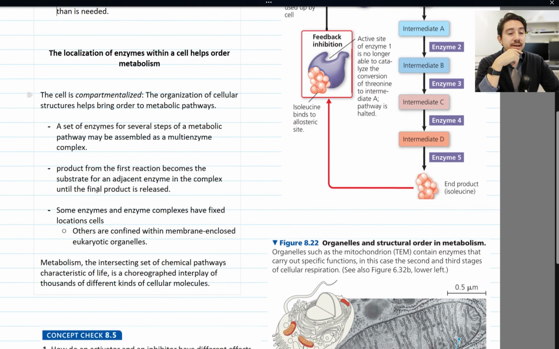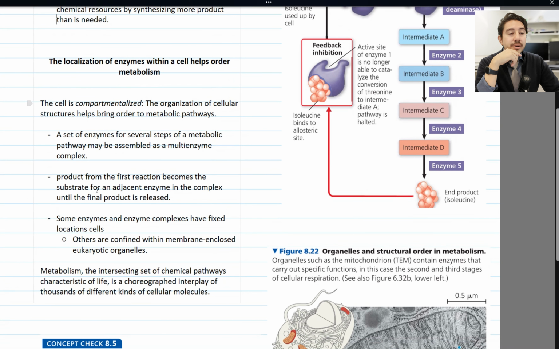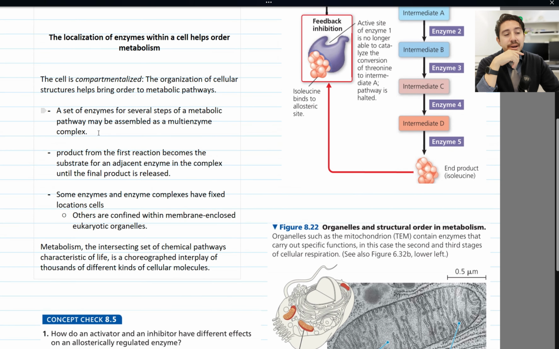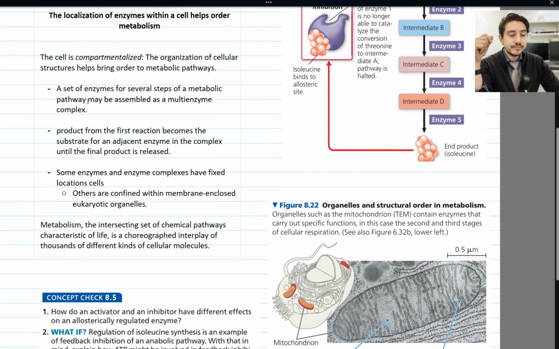The localization of enzymes within a cell helps order metabolic reactions. This is going back to the cell with compartmentalization: the organization of cellular structures helps bring order to metabolic pathways.